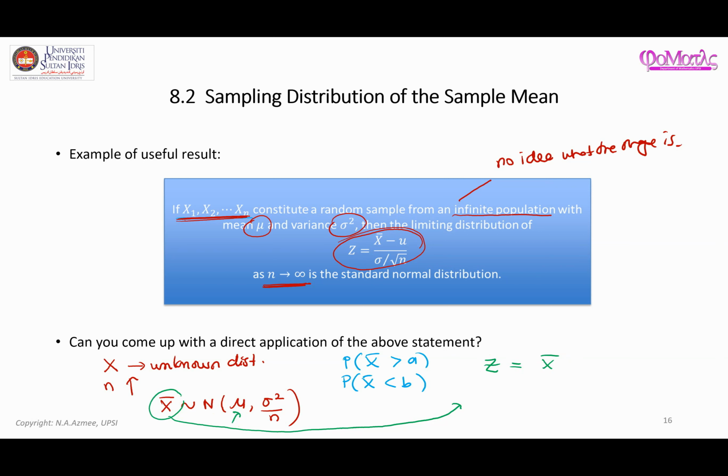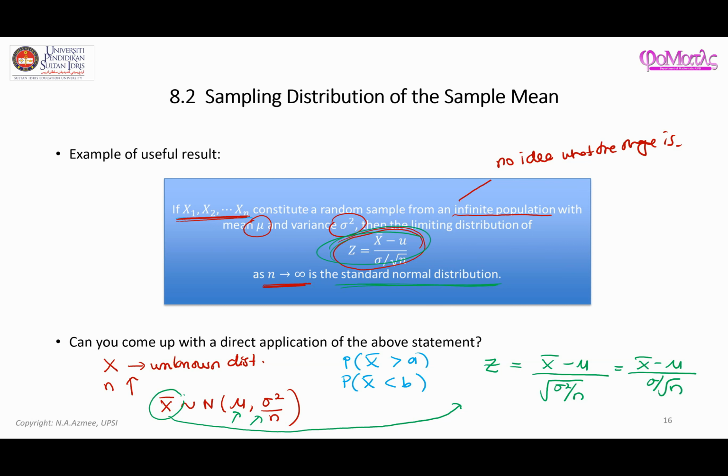The mean of x bar is mu, so we minus mu. What's the standard deviation for x bar? It is the square root of sigma squared over n, which can be simplified as this one. Therefore, this is already a standard normal z-score, and you can use the standard normal distribution. So this has a standard normal distribution, which is what's given by this statement right here.